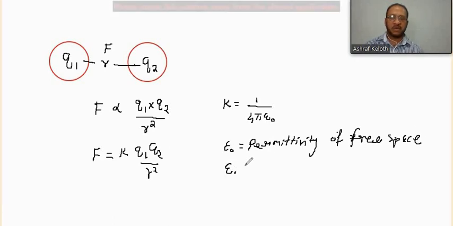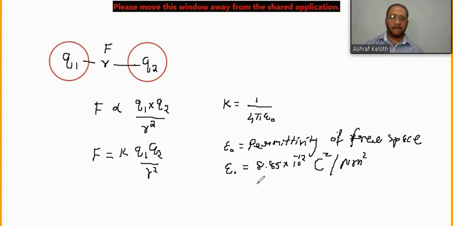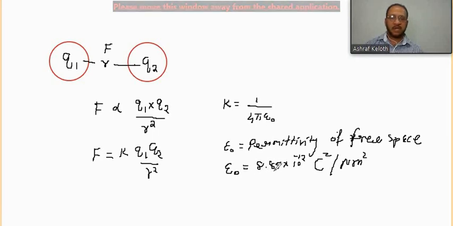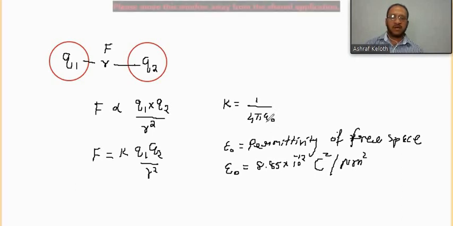Its value is epsilon naught equal to 8.85 into 10 to the power minus 12 Coulomb square per Newton meter square. It is a constant for free space or vacuum, and for air it is taken as almost the same.